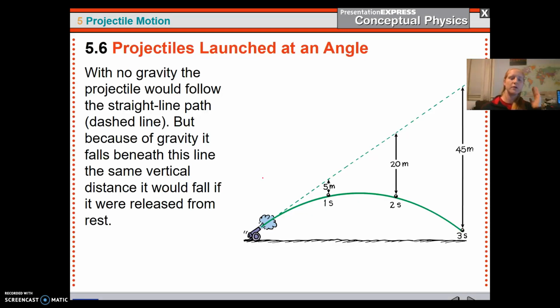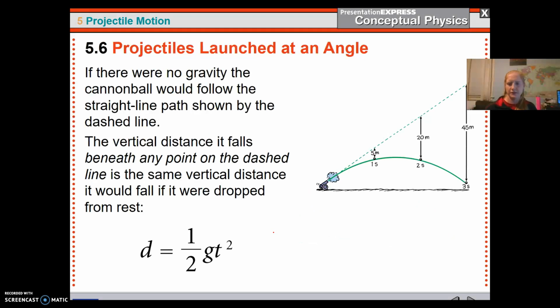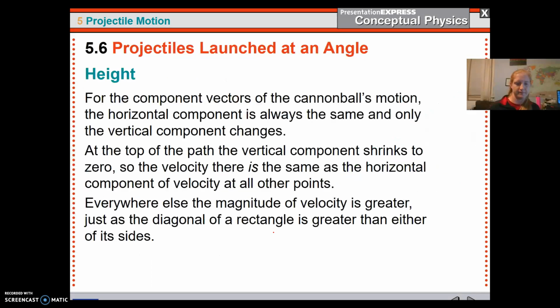So the sharper the angle that you shoot it, it's going to have less of a horizontal distance. And eventually, if you shoot it at a more flat rate or a more down rate, it's going to be closer to the earth. So to calculate it again, 1/2 gt squared.